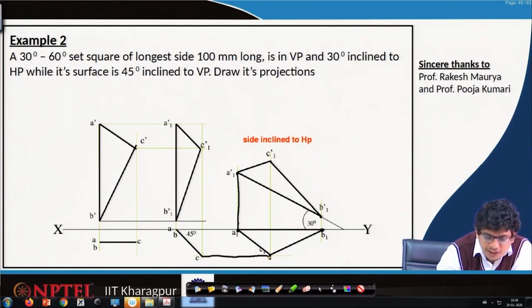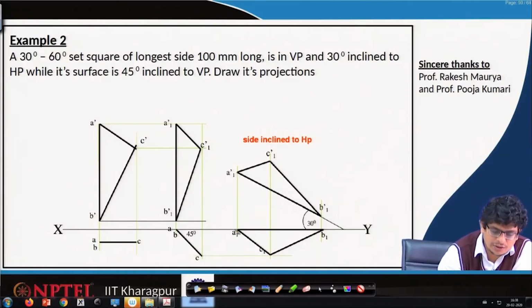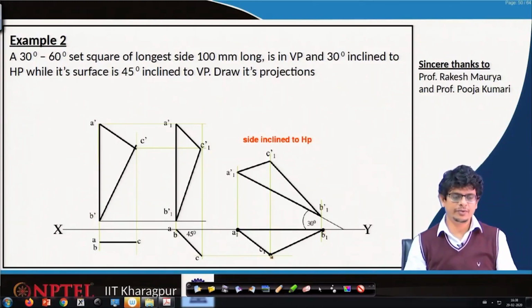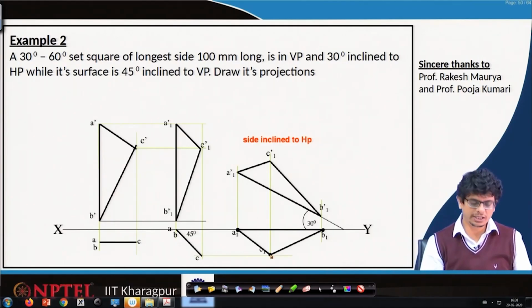So, that projection determines our C1. So, we will have this A1 point, B1 point and C1 point. This is the way we make these rotations for these objects. Let us construct that on our sheet.